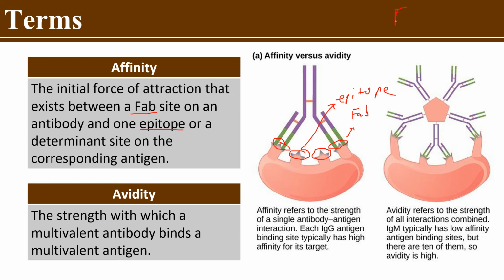An example would be your IgM antibody, which is a pentamer, meaning five Fab sites. So one, two, three, four, five. As you can see, this is an example of your IgM. Now, due to the many Fab sites, it would usually attach to many epitopes, as seen in the diagram.